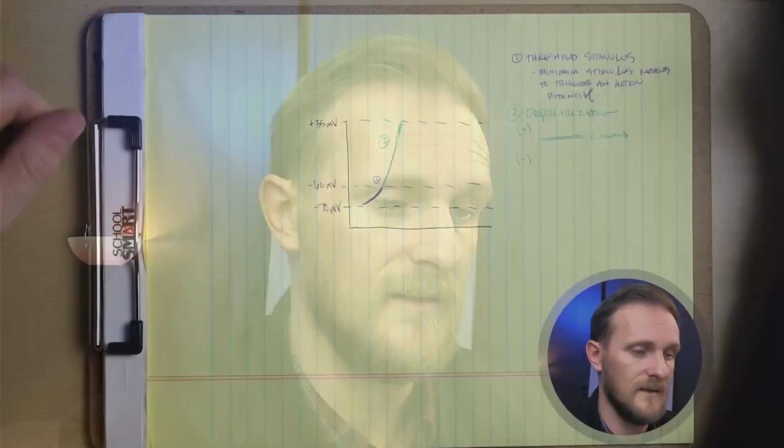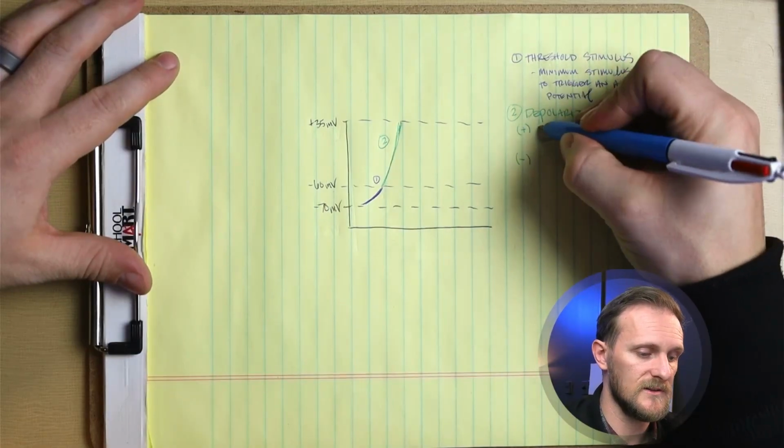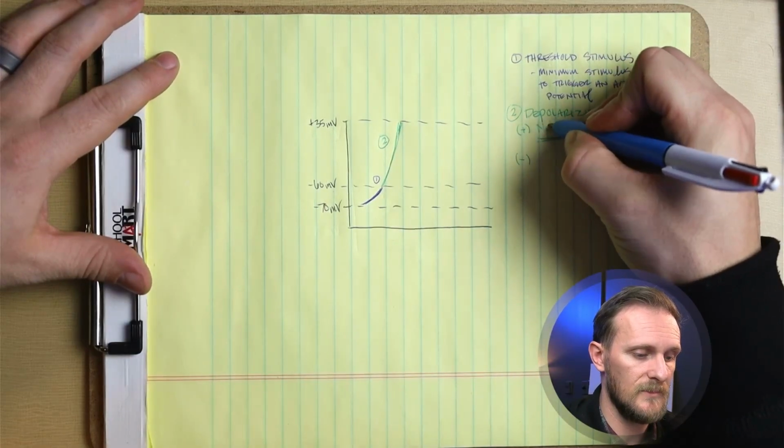If you've taken chemistry, you might understand that an ion is just an atom that has a charge. And so we have cations and anions. If you need more description on that, I've got a video and I'll try to link it in the description of this one that you can check out later. But in the instance of what we're talking about in this video, the ions we're working with during depolarization are sodium, Na+.